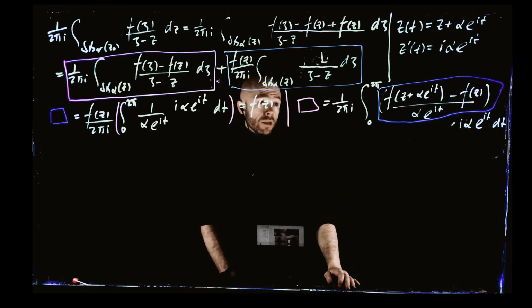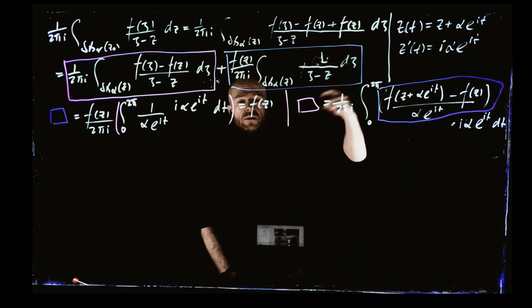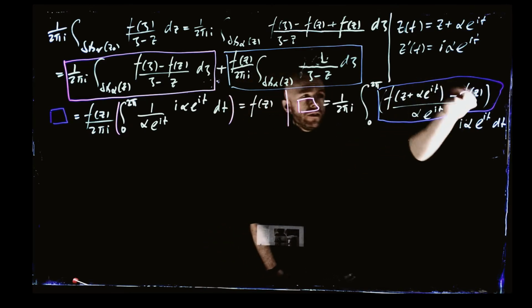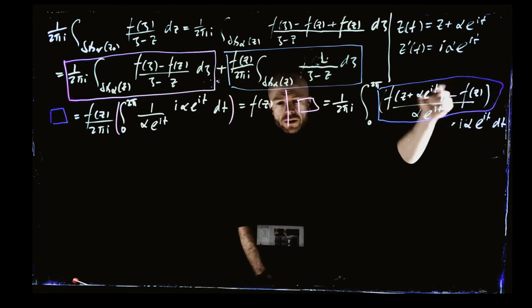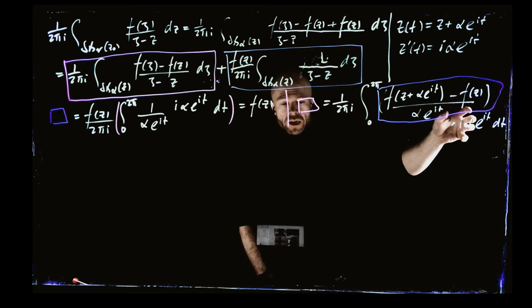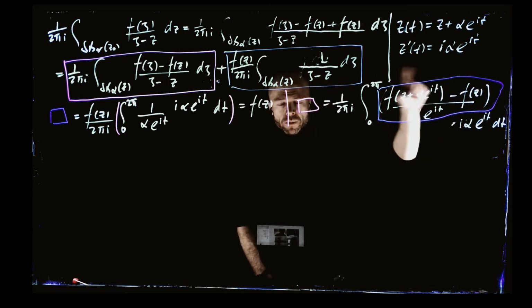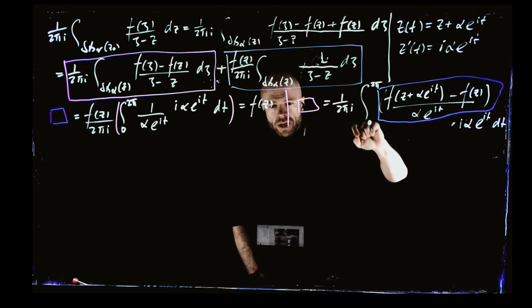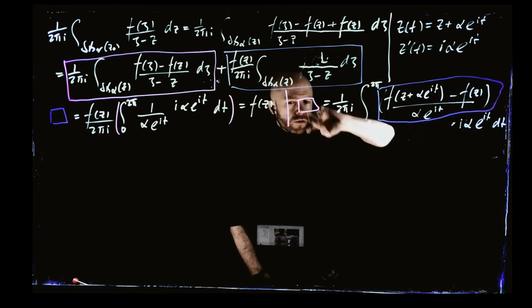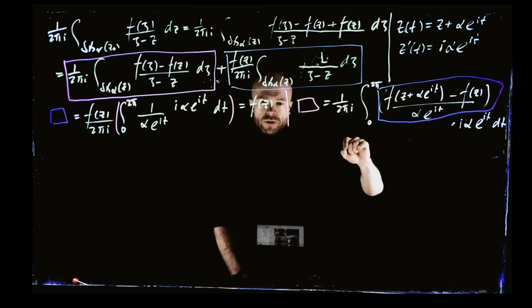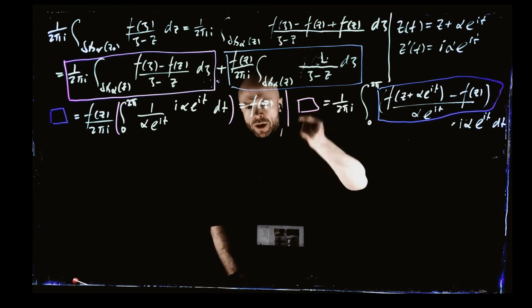So if we insist that alpha is small enough, then this thing minus f prime of z is less than any epsilon that we want. And in particular, this thing will be a bounded expression. It'll be a bounded function over the circle of radius alpha around z for some small enough alpha, because it's within epsilon of this particular fixed complex number, f prime of z.